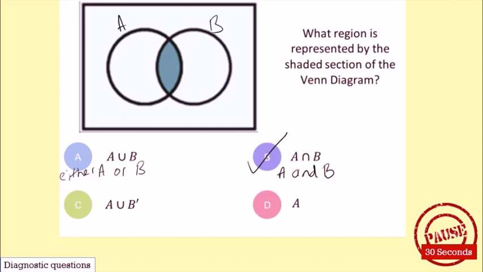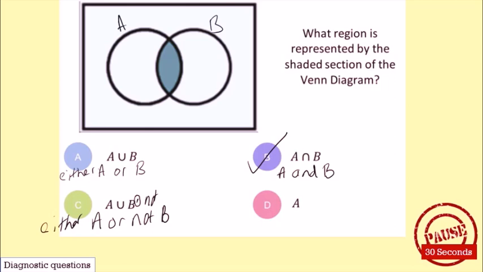Now let's carry on. So remember that U means or, so either A or, and that apostrophe means not. Either A or not B. So what does that mean?